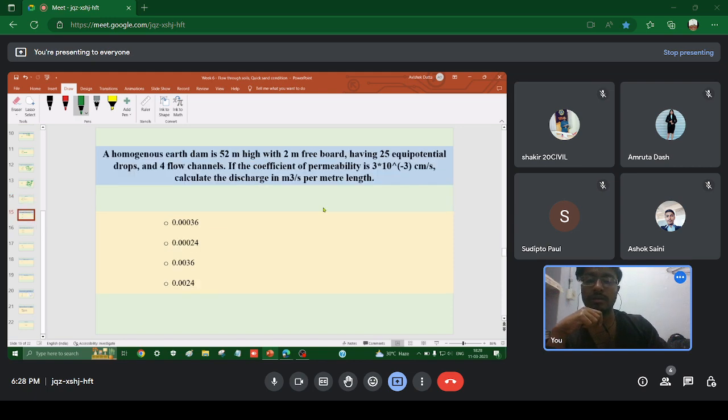Next question. A homogeneous earth dam 52 meters high with 2 meters freeboard having 25 equipotential drops and 4 flow channels. The coefficient of permeability is 3 into 10 to the power minus 3. Find the discharge in meter squared per second per meter length. What is the answer? Anyone?